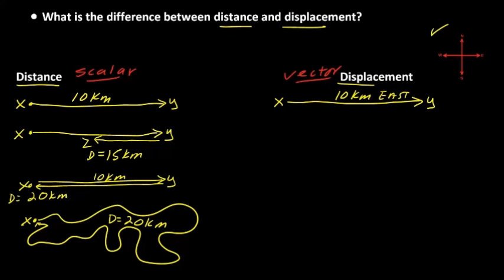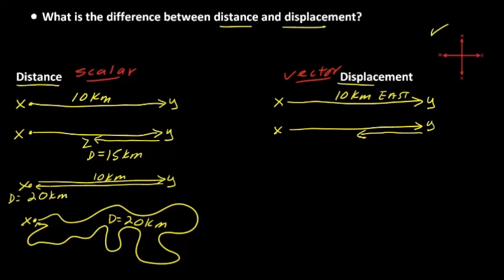So let's take a look at some other situations. In this first situation, the displacement was 10 kilometers east. In the second situation, we started at X and we traveled all the way over here to Y. Then we turned around and came halfway back. Now, the distance is a total of 15 kilometers.